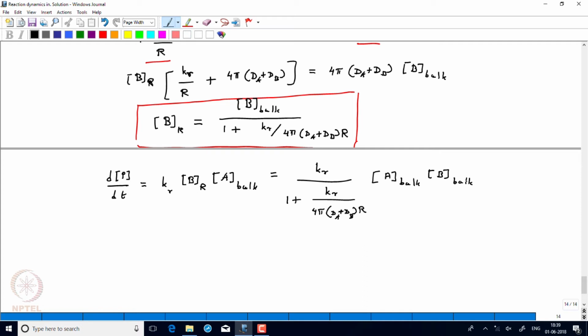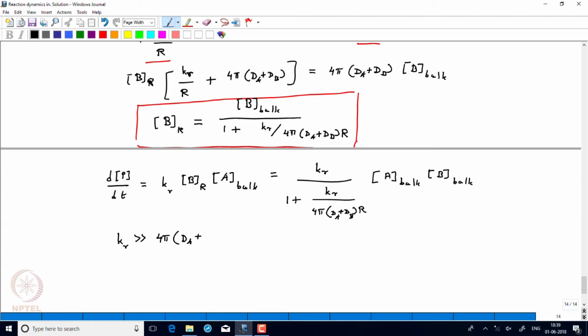Now, if the encounter rate is very fast, which we already made an assumption, that this rate is much faster than the diffusion rate, and the diffusion rate is given by 4 pi. Again, the 4 pi is coming from the spherical symmetry, it is the total solid angle.